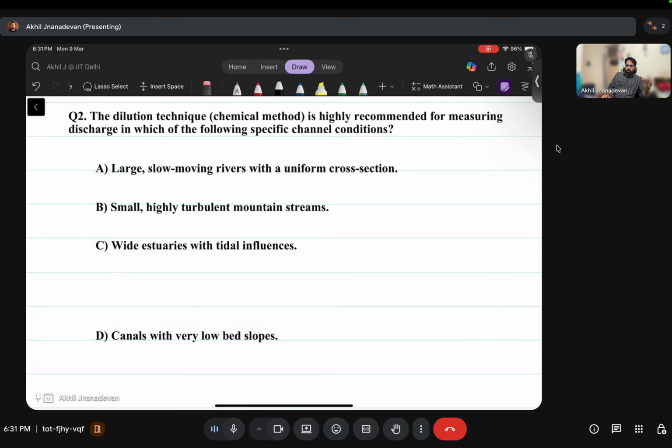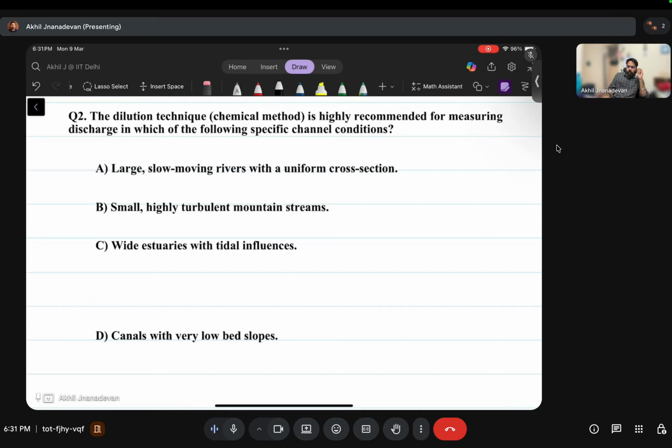Right. Similarly, we can measure the discharge using another technique without measuring the velocities using the current meter. There are indirect methods that can be used to measure the discharge. And at the same time, if we have the stage measurement, we can make the rating curves also, right?